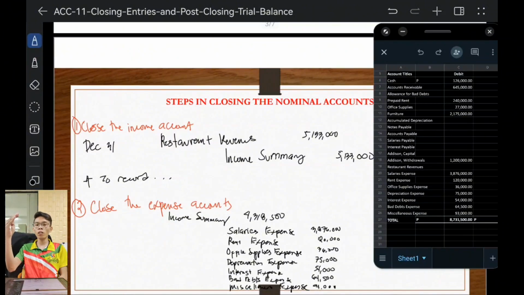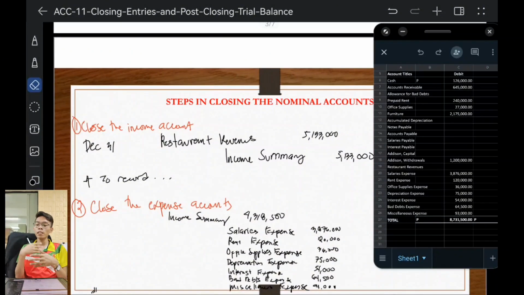So again, the total of all the expenses will be the total of your income summary. And that's it. So this is to record the closing entries of the expense account, or to close the expense account. Okay, that's it. It's very easy and it's no-brainer at all.